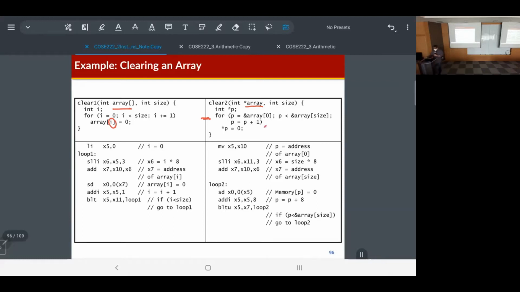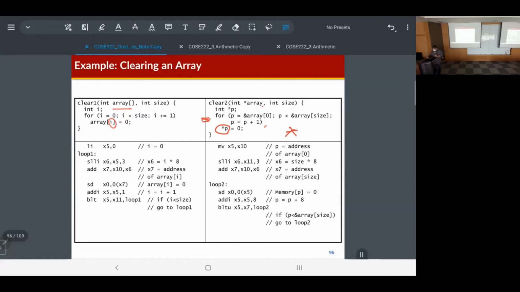You can find the AND operator before the first element of the array, which means that it's the base address of the array. So actually these programs are the same, and we can also access the data pointed to by this pointer with this star operator. So it's the same thing.